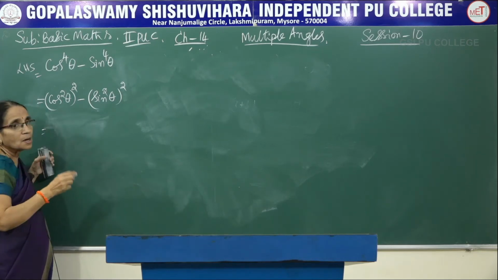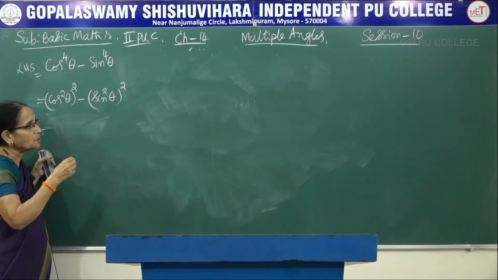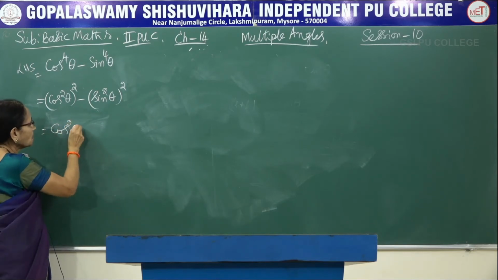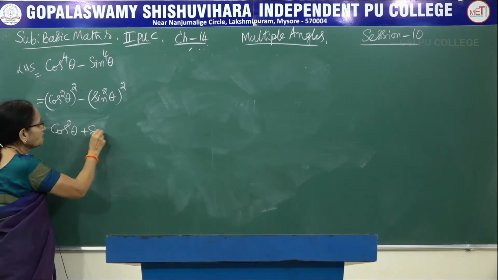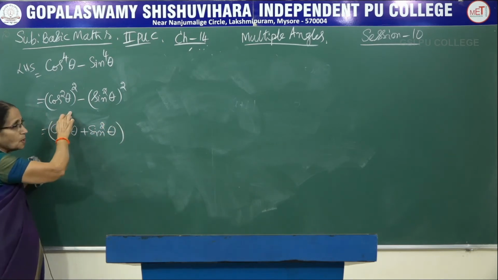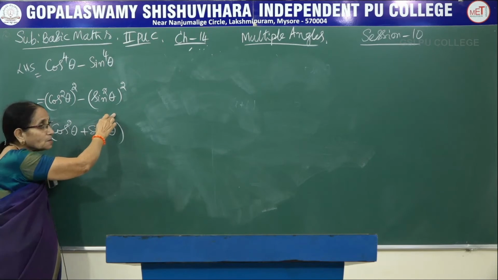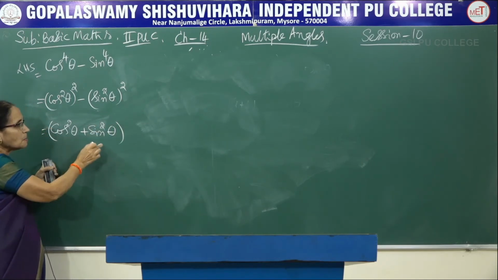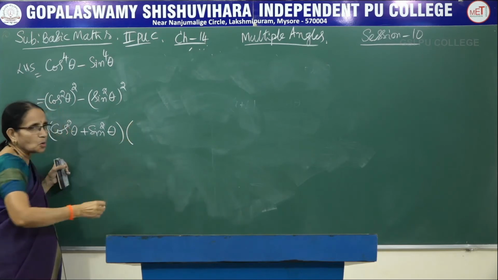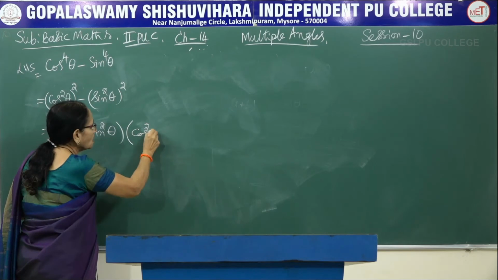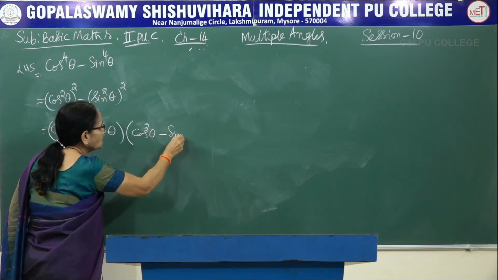What does it say? a plus b into a minus b. a plus b means cos square theta plus sin square theta, into a minus b, that means cos square theta minus sin square theta.